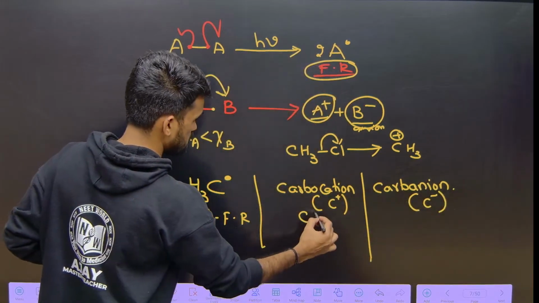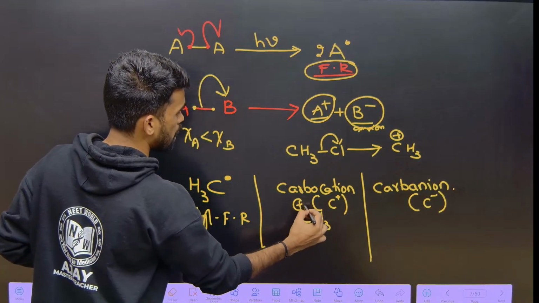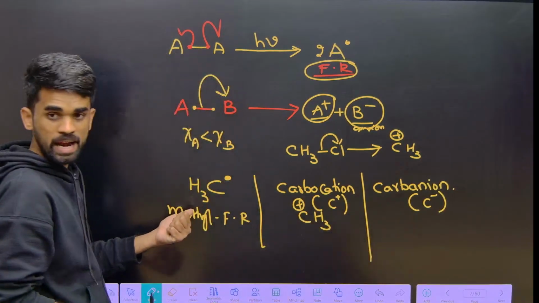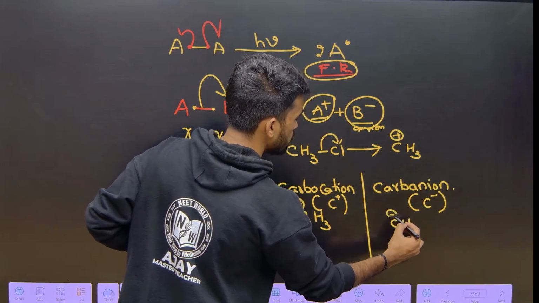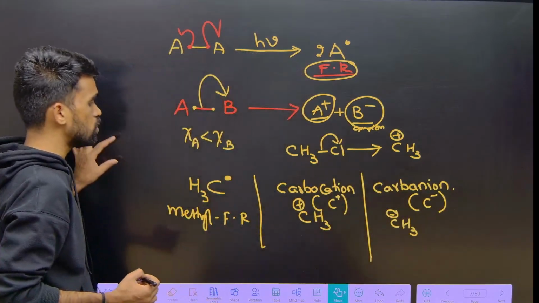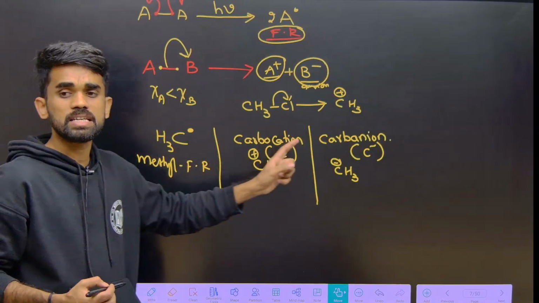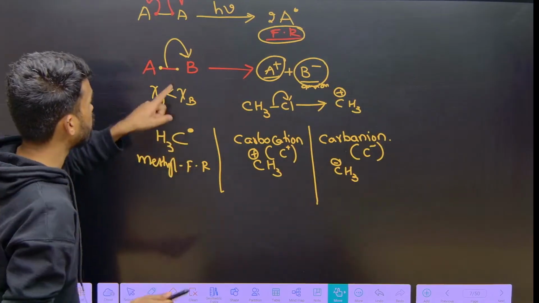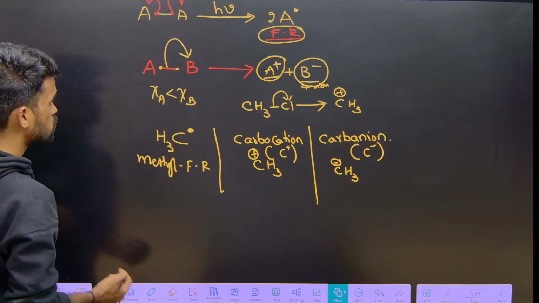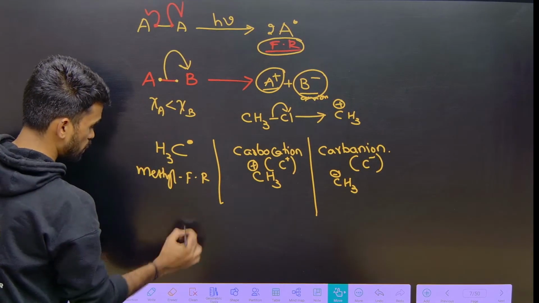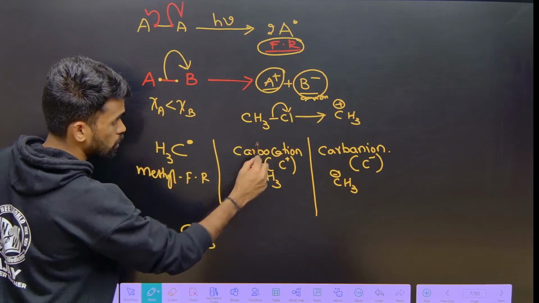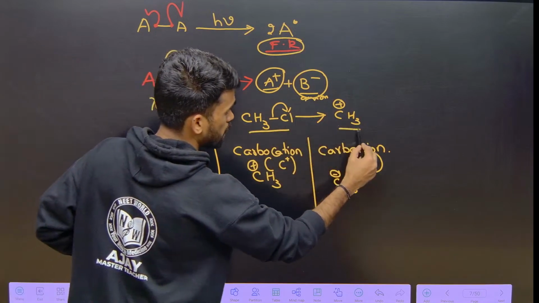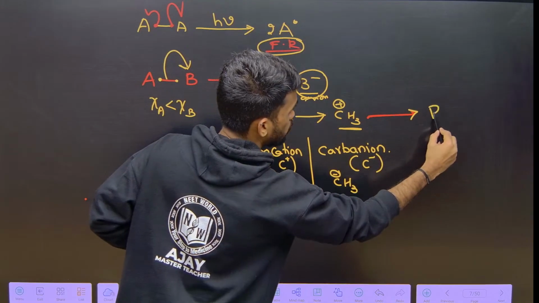So this is CH3 plus, the methyl carbocation, this is the methyl radical, and here is one more example, the methyl carbanion. These three things are formed by cleavage of this bond. The reactants are there, like methyl chloride, and it breaks like this and forms some products.